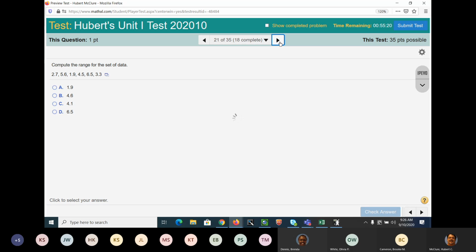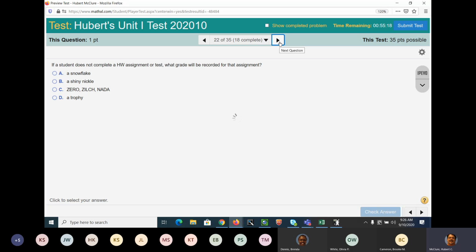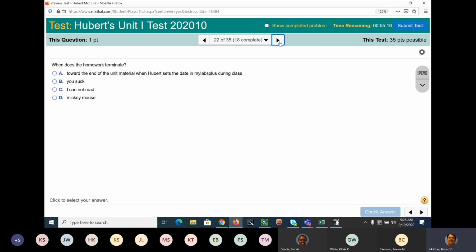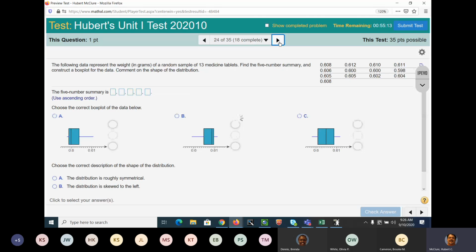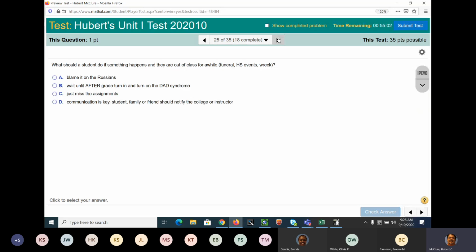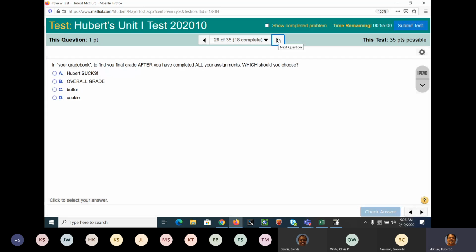Range. Bonus. Bonus. Bonus. Shouldn't bunch them up like that. Okay, here is 5-number summary and box plot. We did one like this today. Bonus.